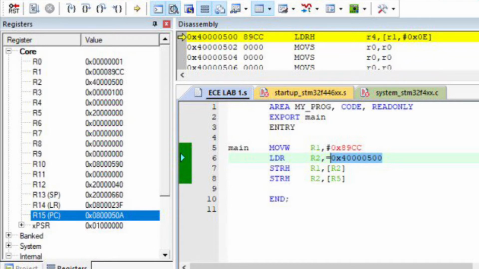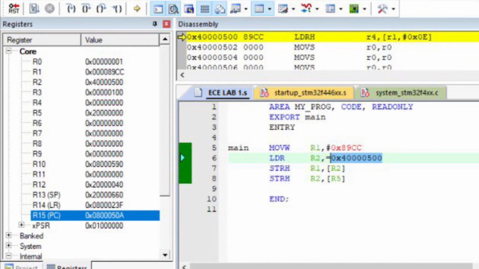Next, I use LDR because it is a 32-bit value and write R2 equals 0x40000500. Next, I store the data R1 at the address R2, and lastly, I use LDRH to load the data into R5.